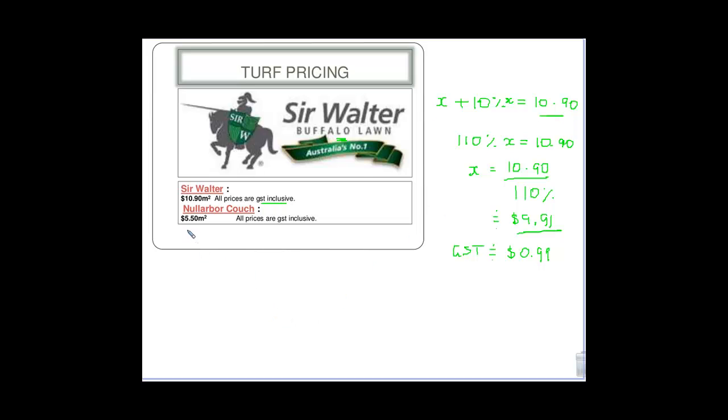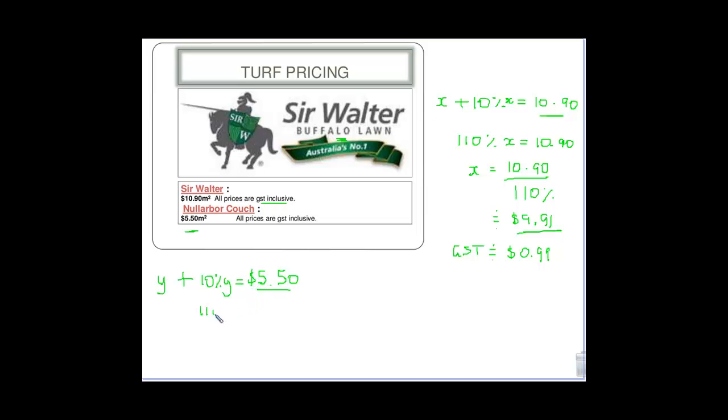Showing that once again, let's show it with the Nullarbor Couch range of lawn. So our final price was $5.50, and again we started with a price and we took 10% of that price as GST and added it to get that final $5.50.